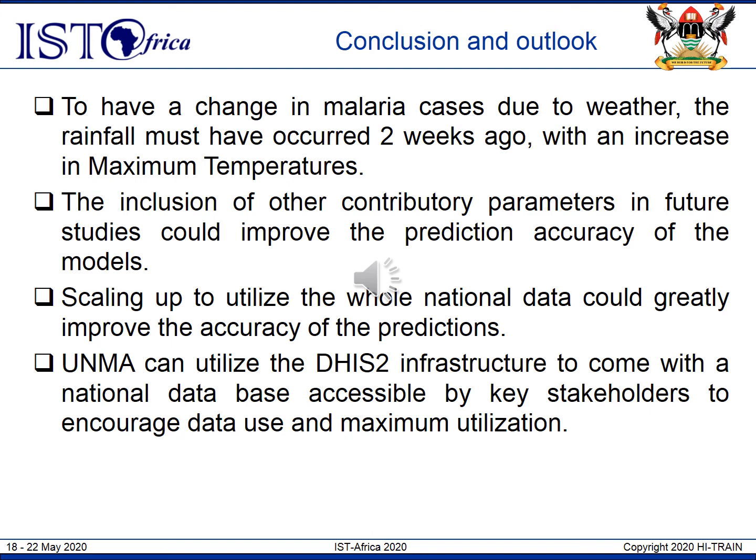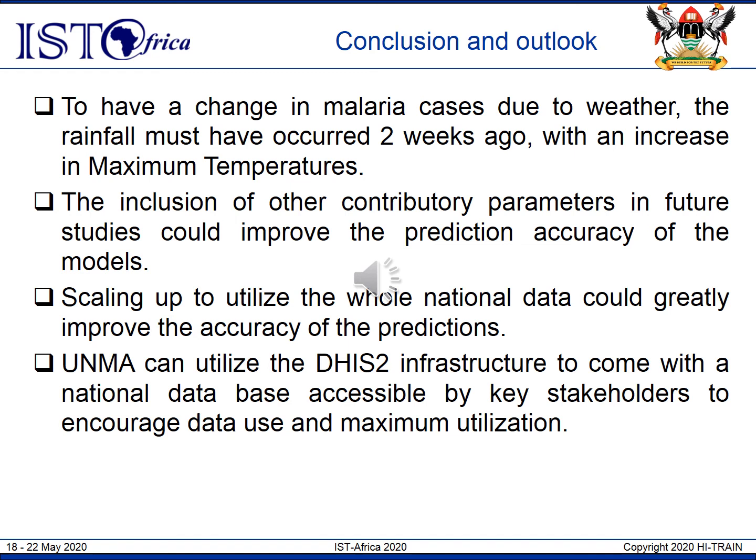The inclusion of other contributory parameters in future studies could greatly improve the prediction accuracy of the models, because in these models we have only looked at weather factors, but we could add in the other environmental factors like vegetation, lakes and rivers, and then we could see how they play together to influence the occurrence of not only malaria but also other diseases that are likely to rely on weather changes or other environmental factors.